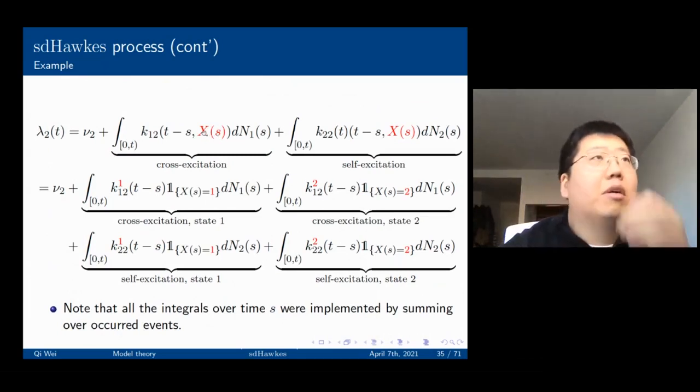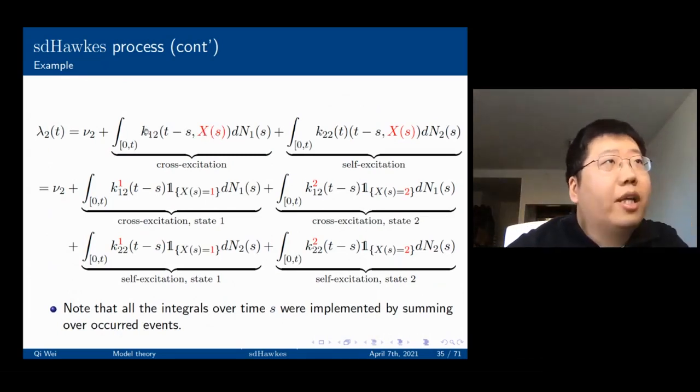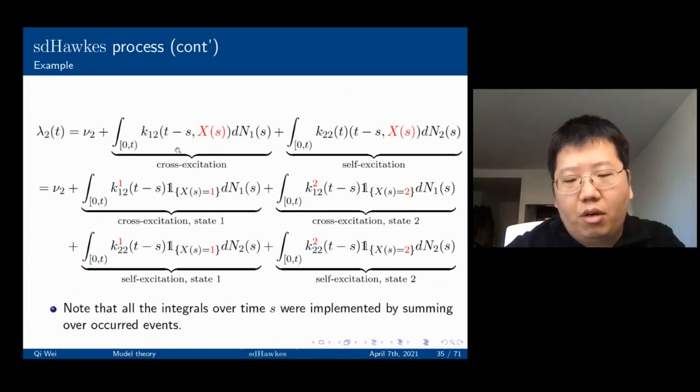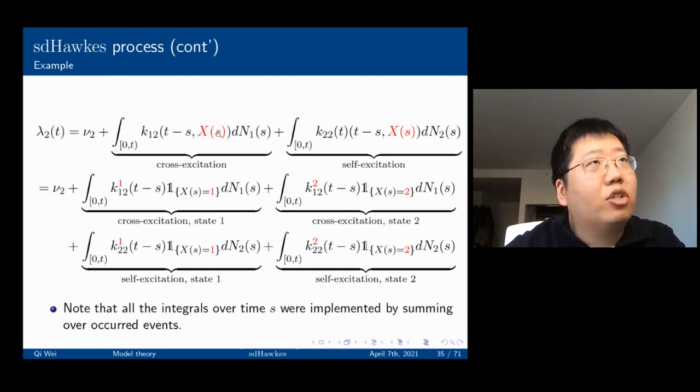Yes. So let's say this K12 means this is a cross-excitation with the influence of event 1 over event 2, right? And if we don't have this state, it is the same for all the cases. But when it's conditional on the state, you have to check the state at time s.